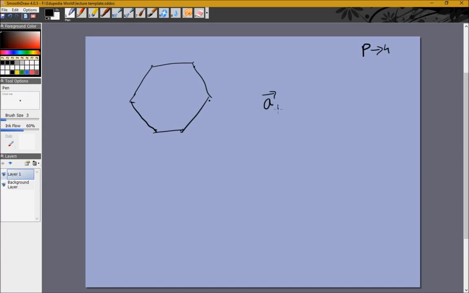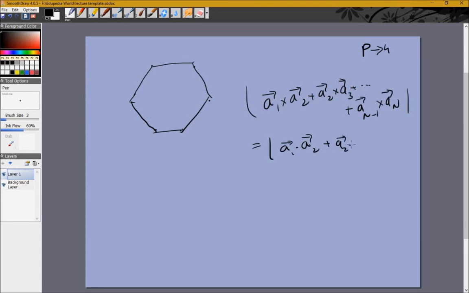That means A1 cross A2 plus A2 cross A3 plus dot dot dot till An minus 1 cross An. The modulus of this is equal to the modulus of the dot products, A1 dot A2 plus A2 dot A3 plus dot dot dot till An minus 1 dot An.